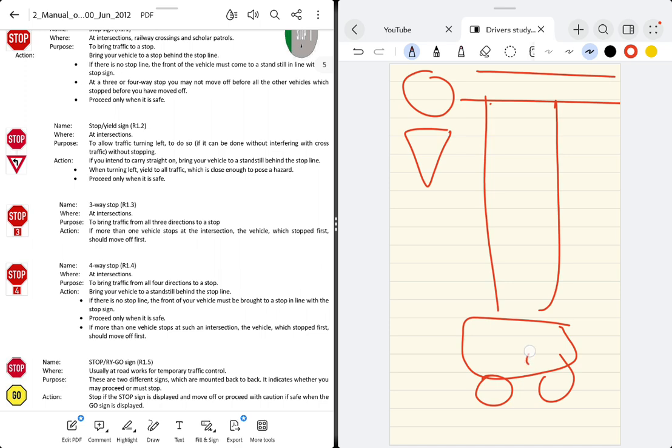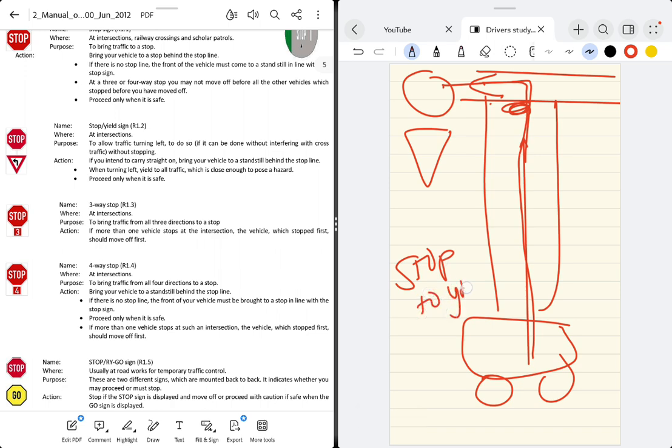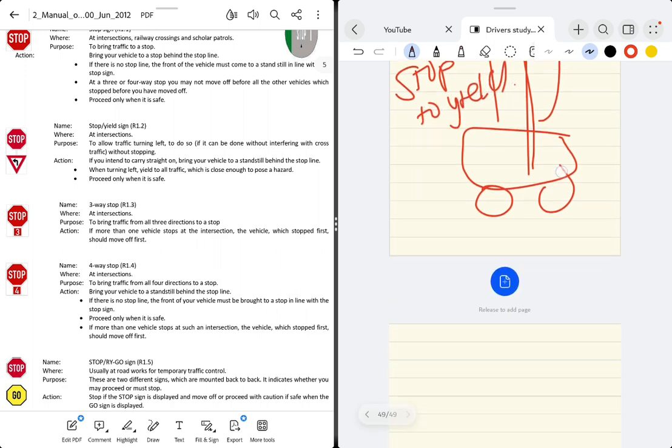If I'm driving and I want to continue going straight, I need to stop here. But if I want to turn left, then I can just continue like that. Basically, that's what the stop and yield is saying. Okay, I get it.